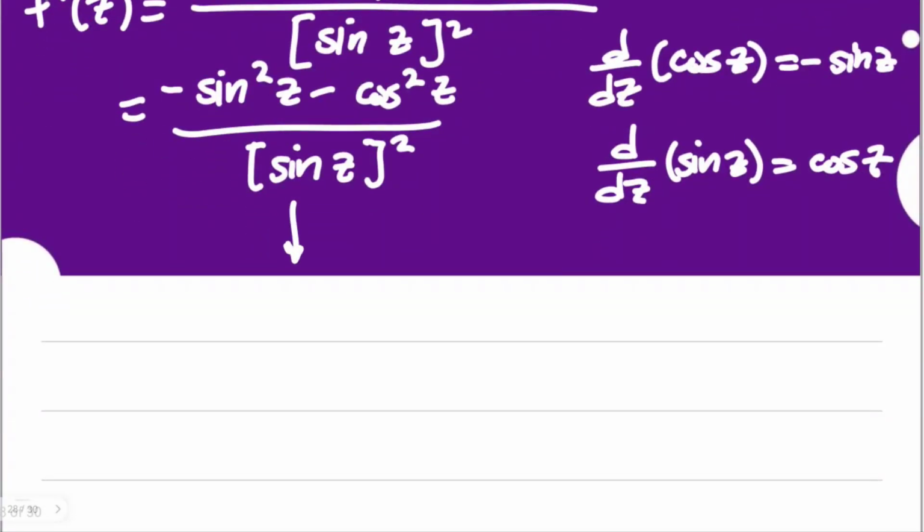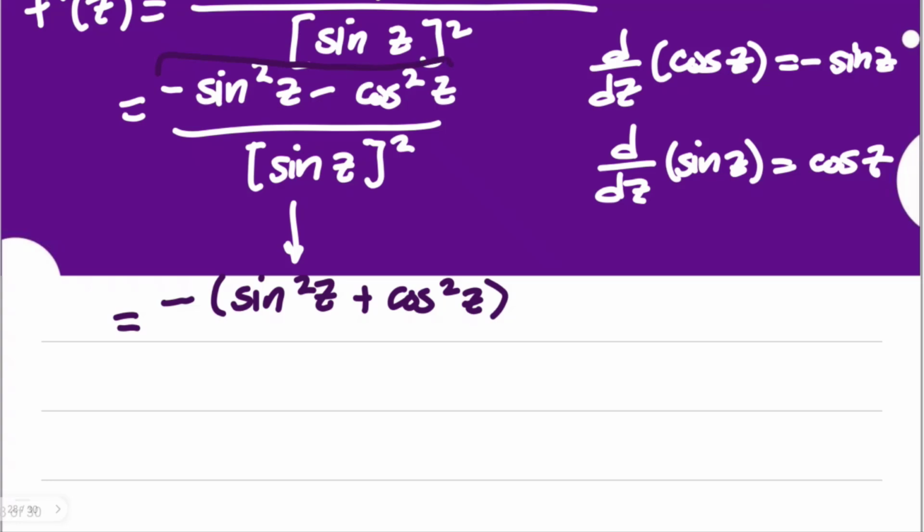When we factor negative 1 out of the terms of our numerator, it will become minus sine squared of z plus cosine squared of z. The reason for that is we cannot find any equivalent form or identity for the previous form, but once we factor that out, this has equivalent value, still over the square of your sine z.